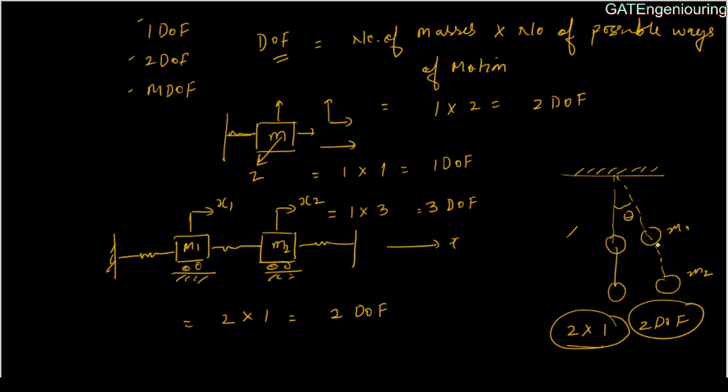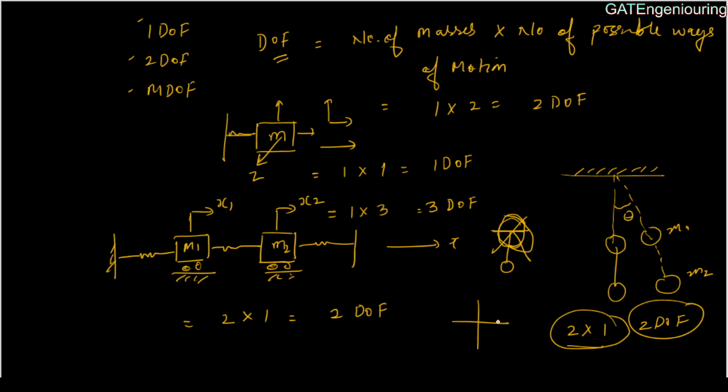Okay, now let's imagine this single mass is able to move in the theta direction as well as in the phi direction. The phi direction is basically the plane which is perpendicular to the plane of theta. So let's say this plane. One circular motion is like this, and one circular motion is in this plane.